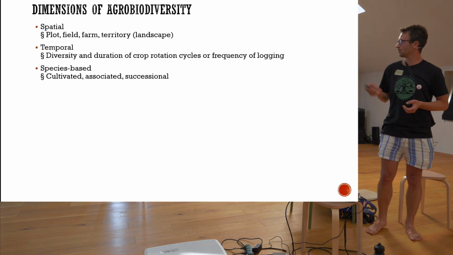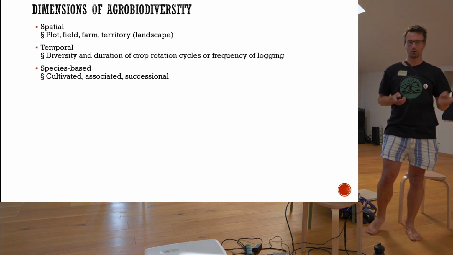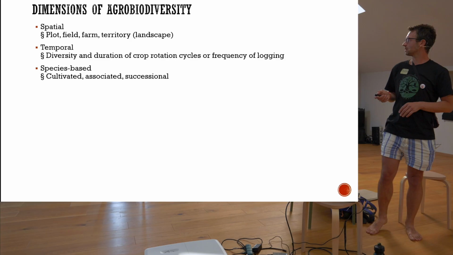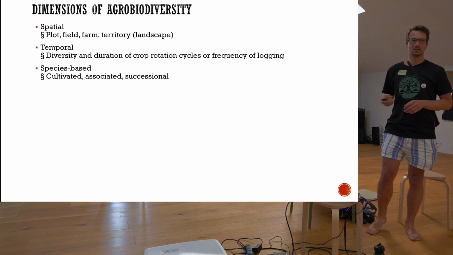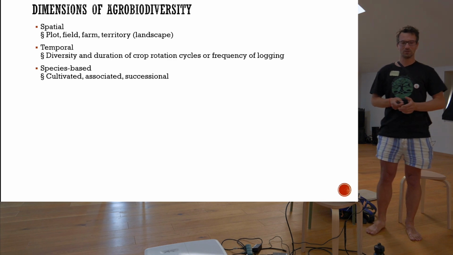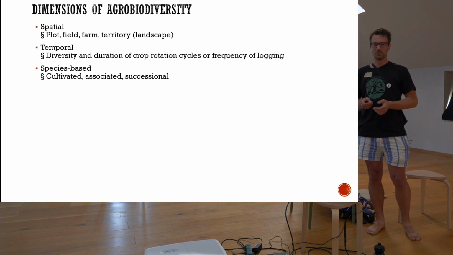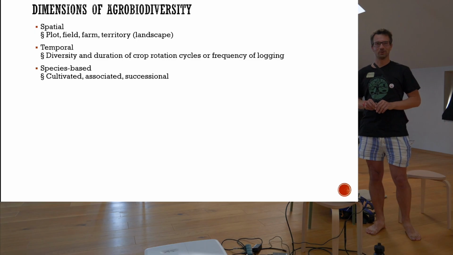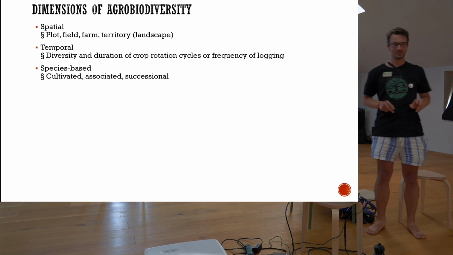When we talk about species, it's not only what we grow, what we plant, but it's also associated biodiversity. It's what comes in from outside into our system, and it could be something good, a biocontrol organism, or something bad, weeds.